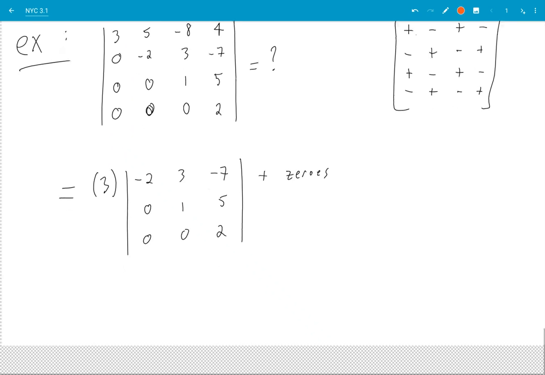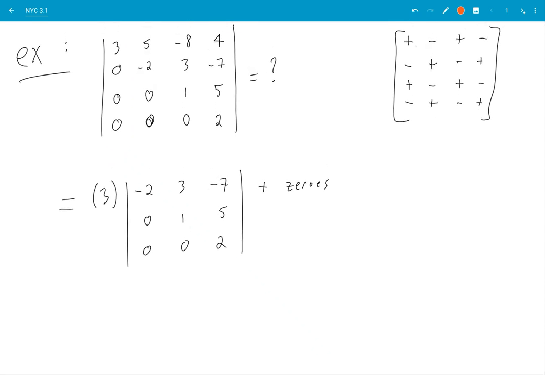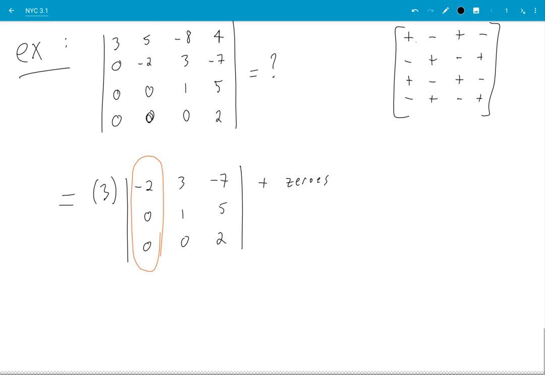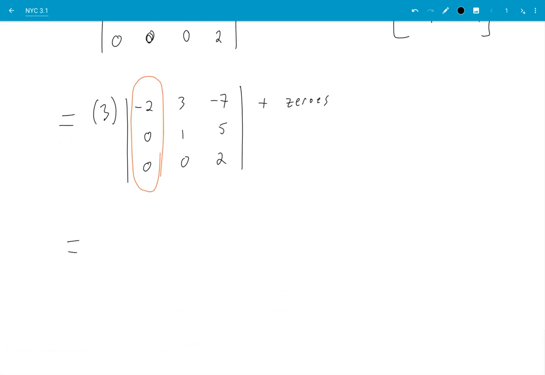Next. Well, you can see 4x4s are another layer of difficulty. Now I have to do a 3x3 determinant. Well, I'll use the first column again. 3 stays.